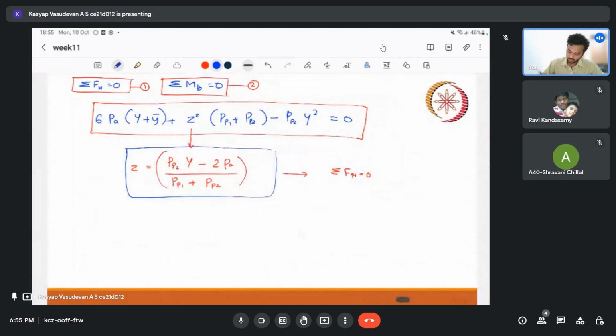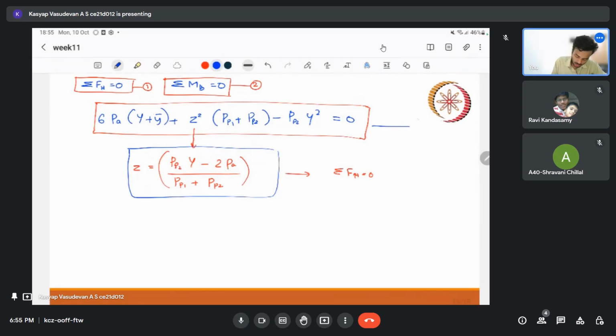If you want to simplify further, we can substitute this z in this equation, let this be equation 3.